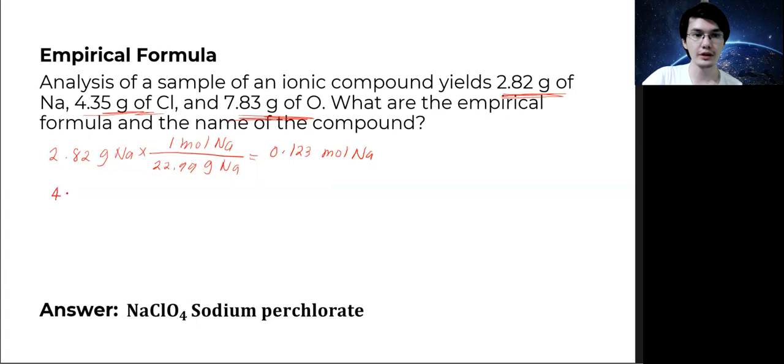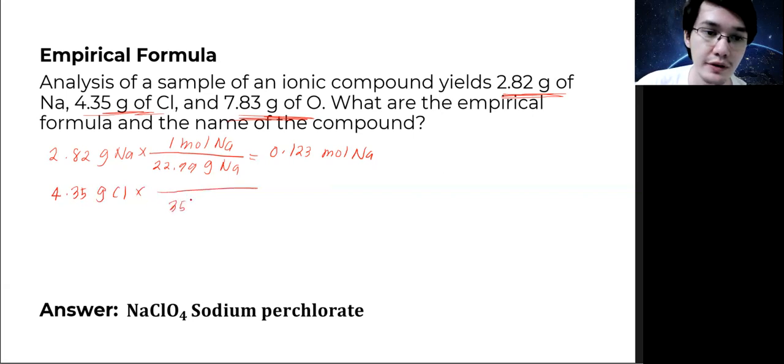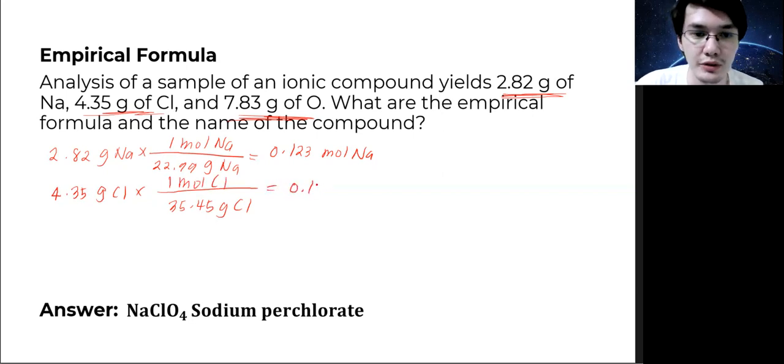Then 4.35 grams of chlorine, we divide it by the atomic weight, 35.45 grams chlorine per 1 mole of chlorine. We get 0.123 moles of chlorine.